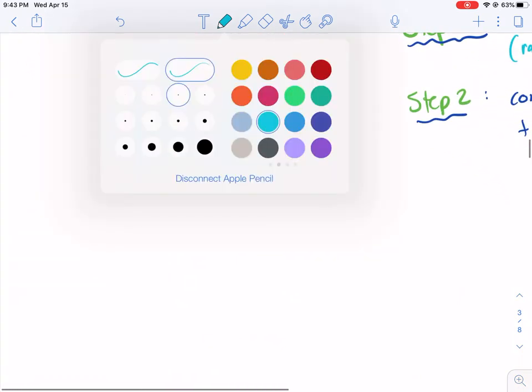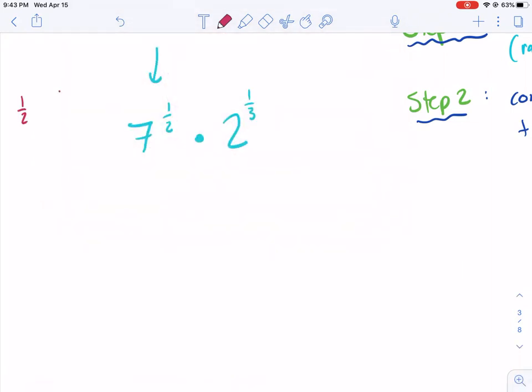Off to the side, we think: the common denominator is going to be 6. I multiply 2 by 3 to get 6, so I do 3 times 1, giving me 3. I multiply 3 by 2 to get 6, so I do 2 times 1, giving me 2. So instead of 7 to the 1/2, I write 7 to the 3/6, and instead of 2 to the 1/3 power, I write 2 to the 2/6 power.